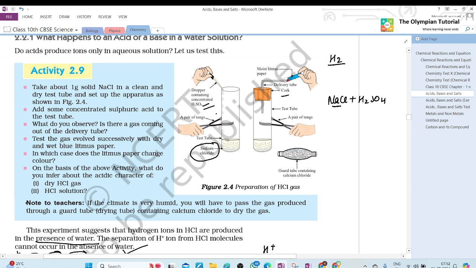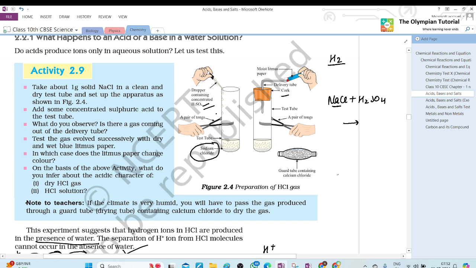NaCl plus H2SO4 will give salt plus the gas. But listen to me. Firstly, I will explain the conclusion. After that, I will come to the activity.